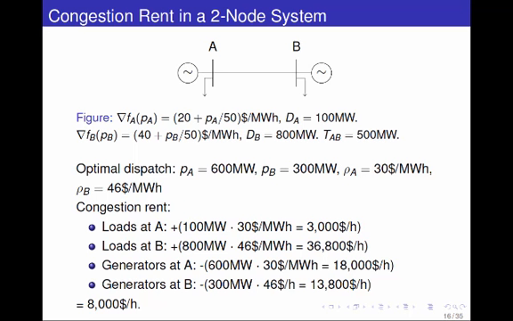But now there is the line, and we did the calculations. We found that the price at area A is $30 per megawatt hour, and the price at area B is $46 per megawatt hour. Okay, so how much are loads paying in area A?